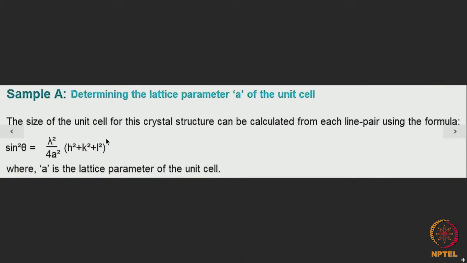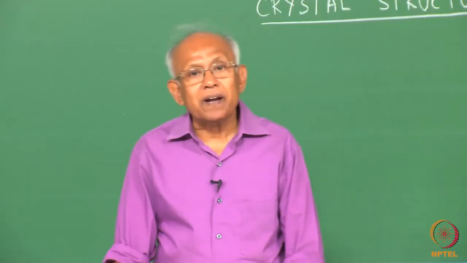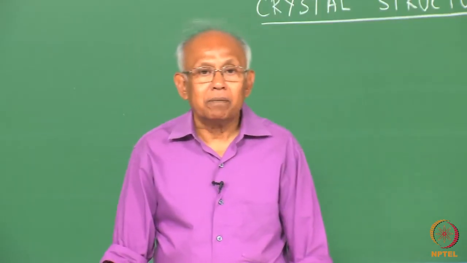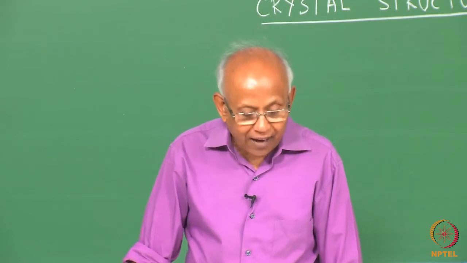So, we have now for every line found out the value of h square plus k square plus l square and the corresponding sine square theta value. Now, lambda is known, this is the wavelength of the incident radiation, which is copper K alpha radiation in this case, that means 1.542 angstrom.